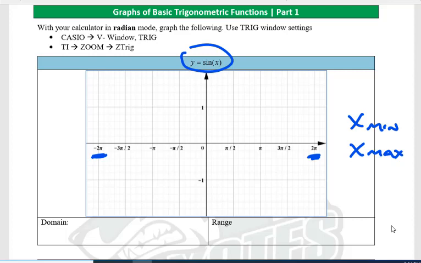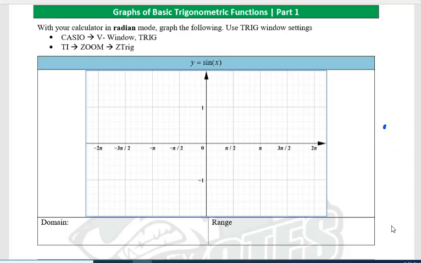Always going from the leftmost point is your x min, your lowest point is your y min, and then going left to right and from down to up. You can also set it, go into viewing window on your Casio, and then hit your trig. On your TI, hit zoom and then zoom trig. You're going to get settings that are approximately like this.